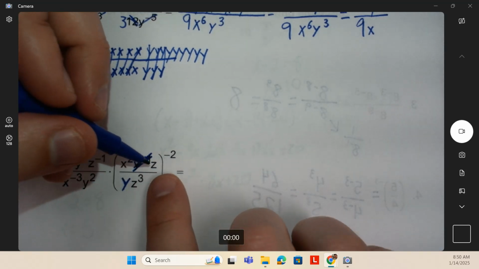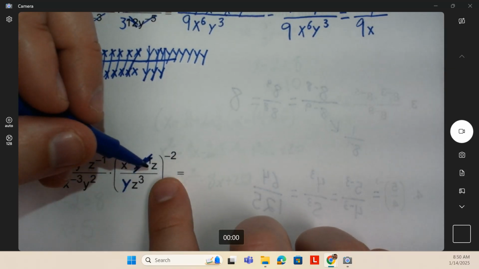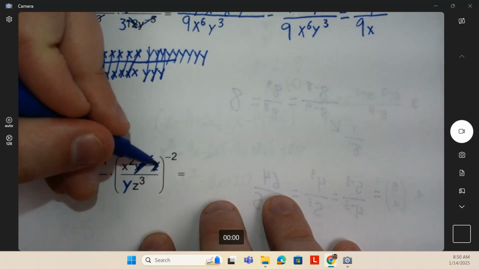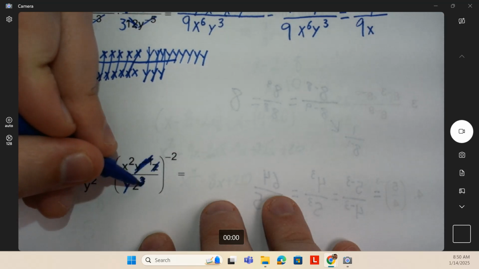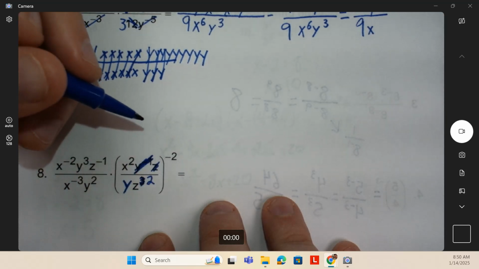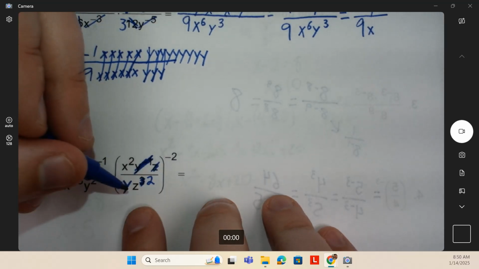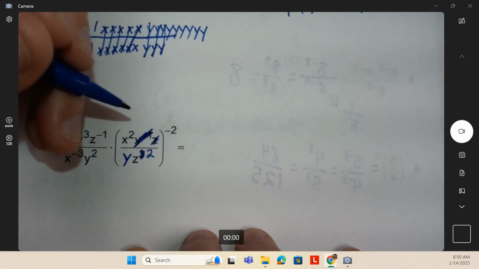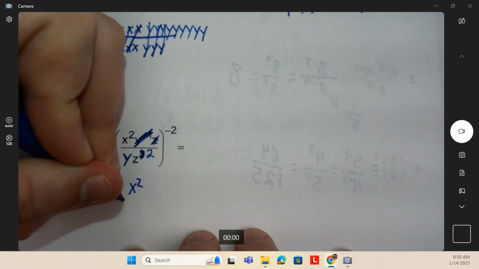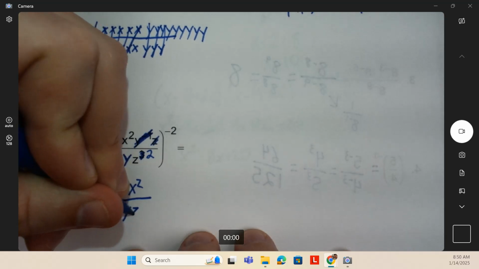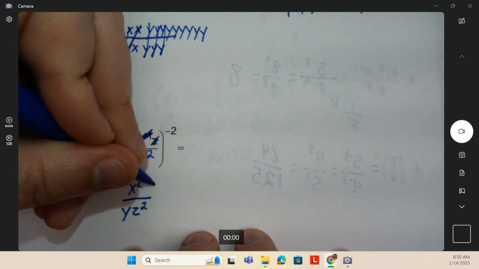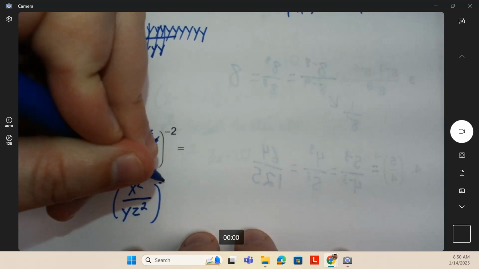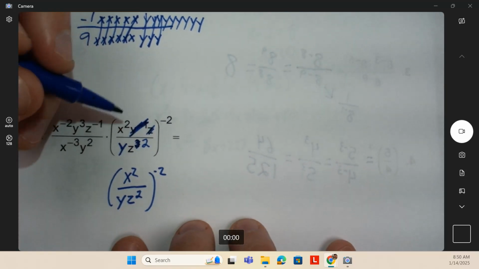And I have a z on top and bottom here, so let's cancel out that z and make that to the second. So I have yz squared on the bottom and x squared on the top. Okay, and so that would be x squared over yz squared.